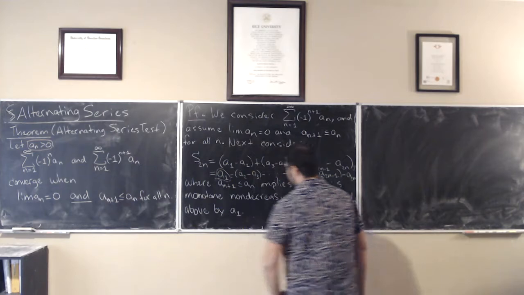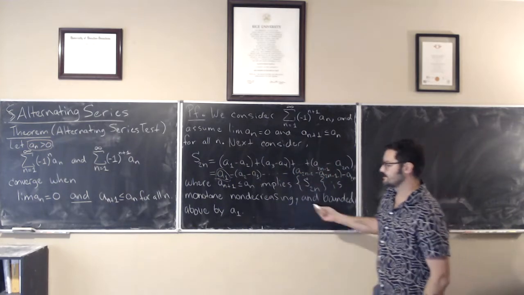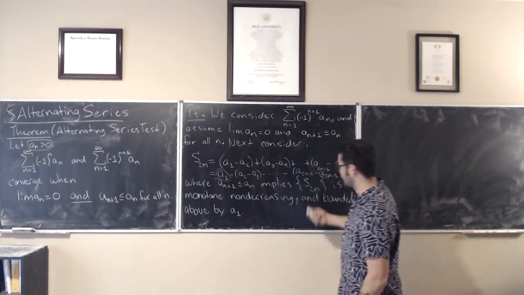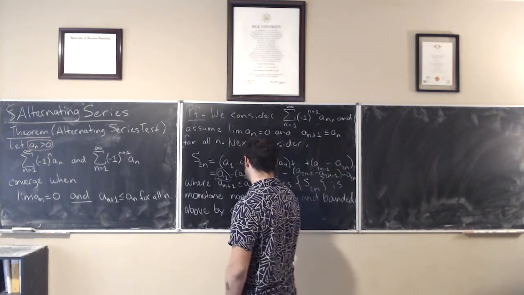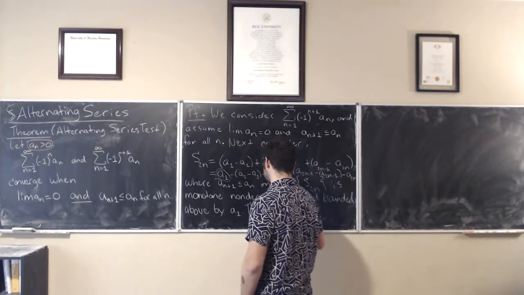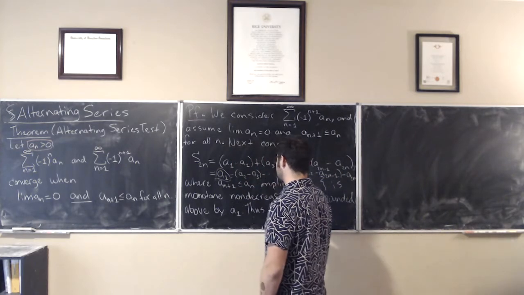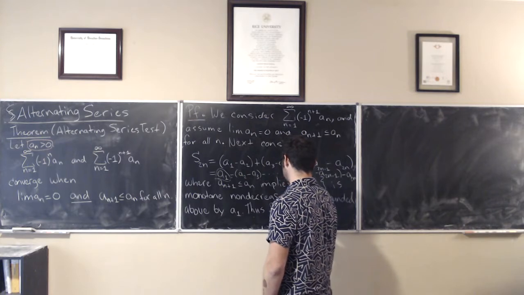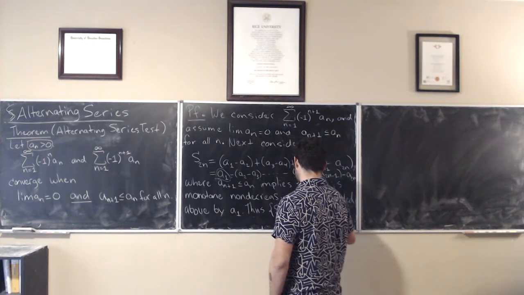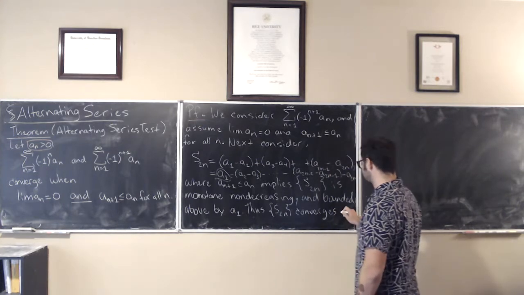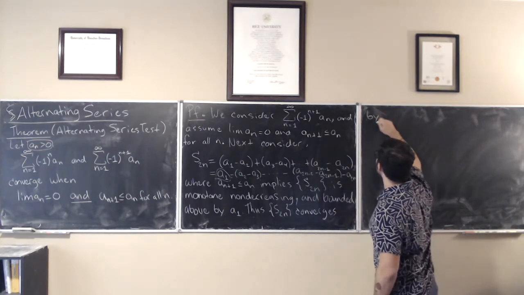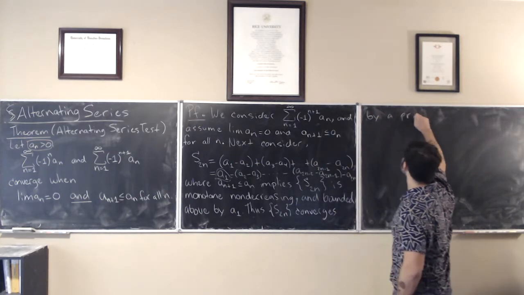And monotone non-decreasing, this is like saying increasing. So monotone and bounded sequences converge by a previous theorem. Thus, the sequence S_2n converges by a previous theorem.